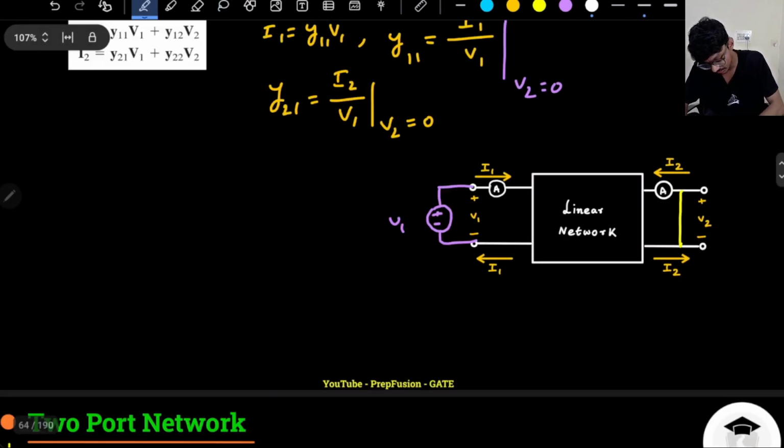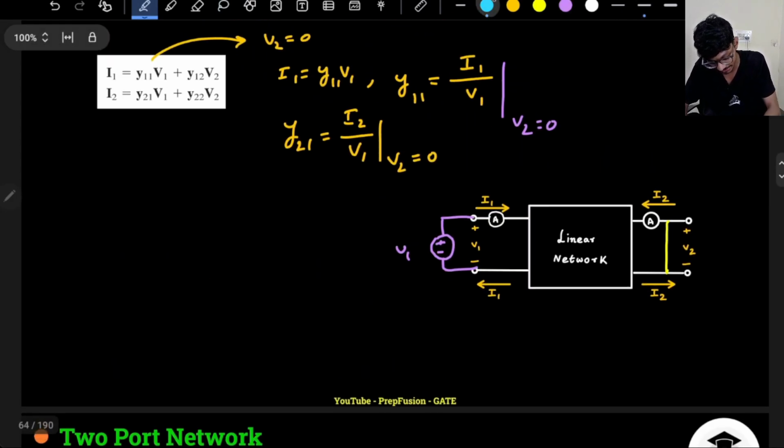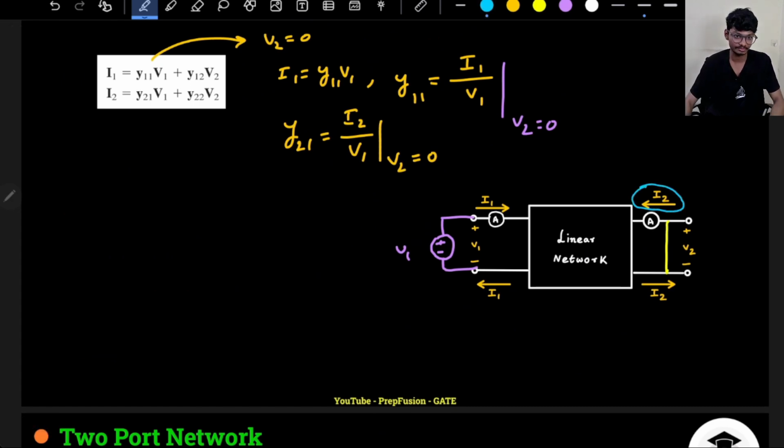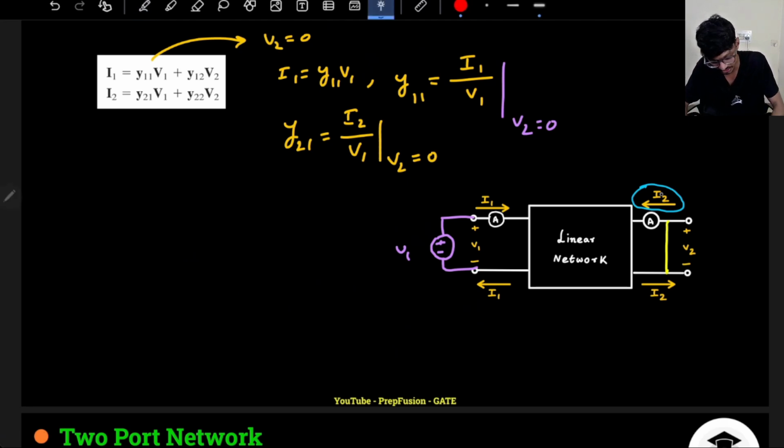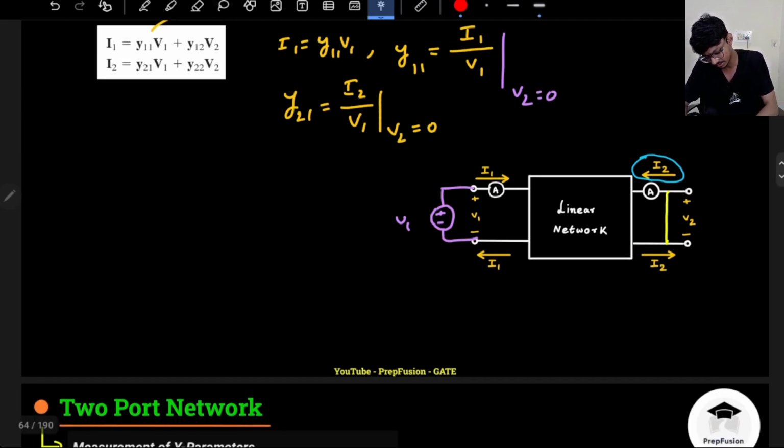Do remember this direction of the current. The direction is inwards, going into the network, not going out of the network. Make sure you don't mess up the direction. This is the positive, the reference direction. So you measure the current for this same applied voltage, and the ratio of current and voltage will give you the Y21.